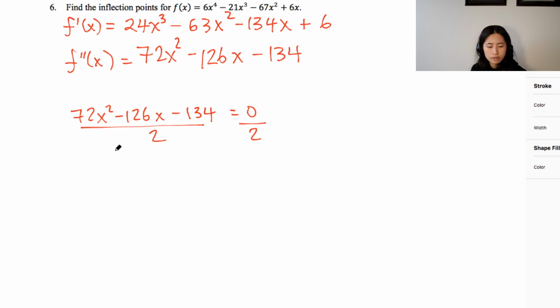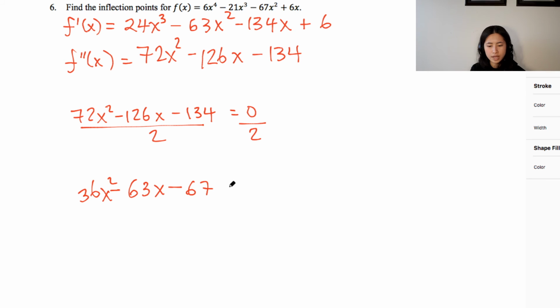So 72 divided by 2 is 36. Then 126 divided by 2 is negative 63x, and don't forget our x squared. Then 134 divided by 2 is negative 67.